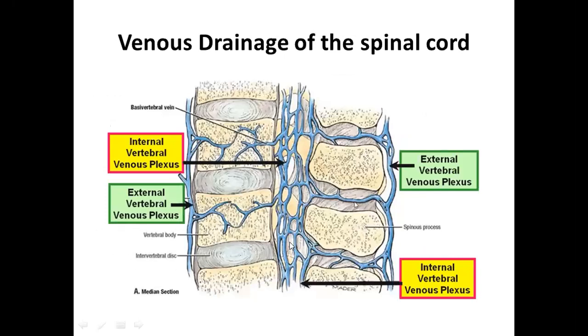Here, this is the internal vertebral venous plexus outside the dura, between the dura and the endosteum. This plexus is formed by the 6 longitudinal channels.